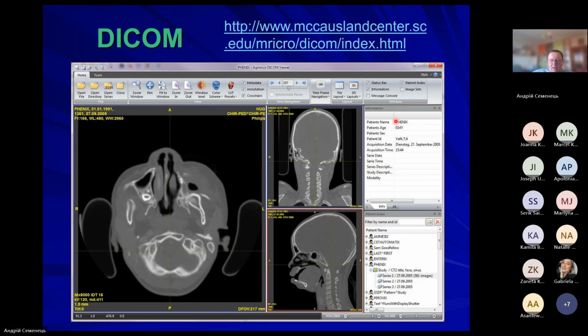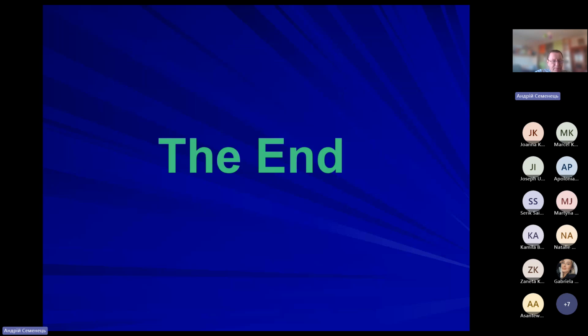They contain the necessary fields to input data, but unfortunately, it's very often that physicians simply don't have time to fill all this in. And as a result, we might have DICOM which is not fully filled with all the necessary data.